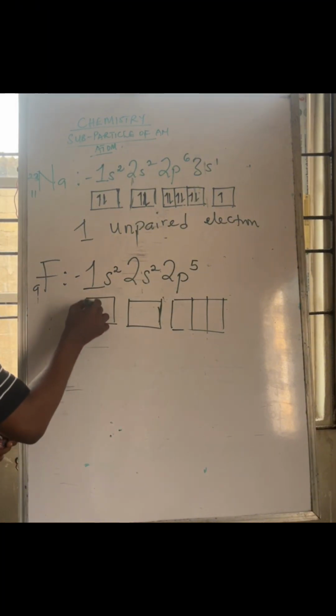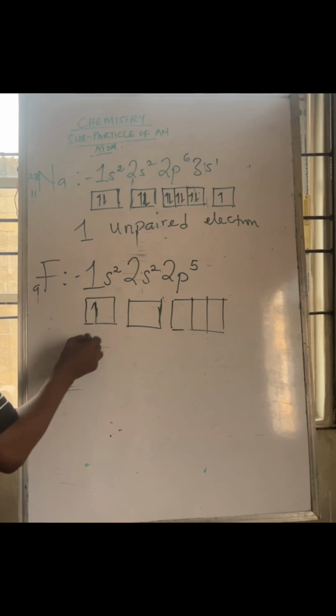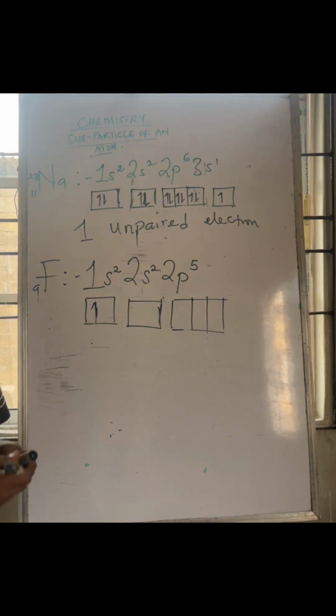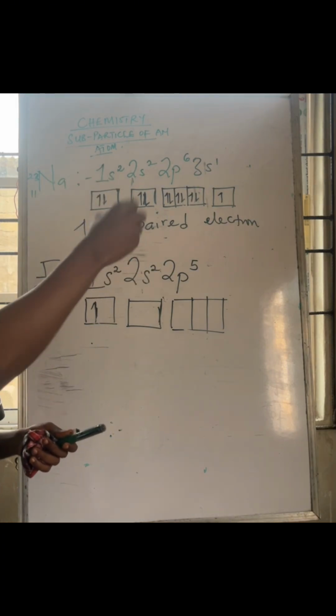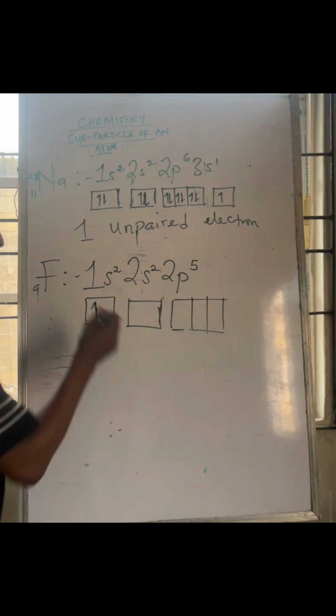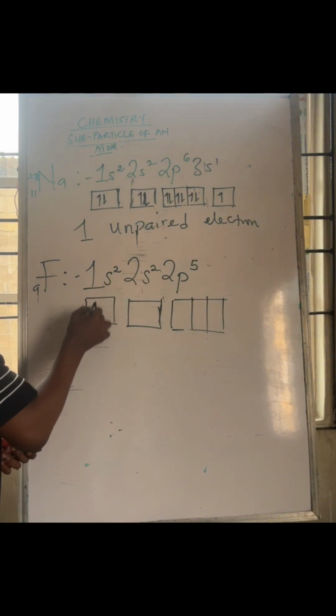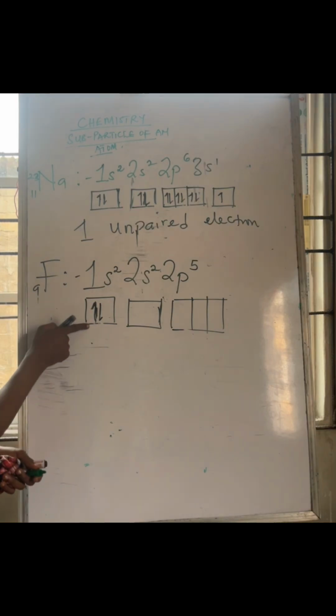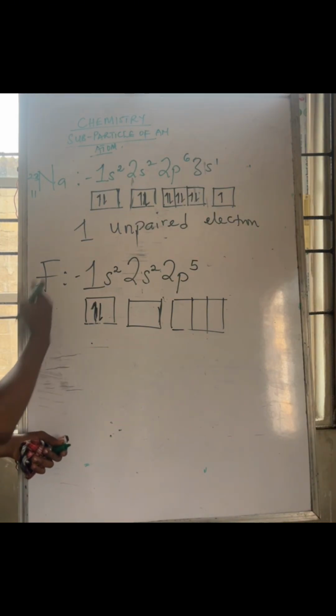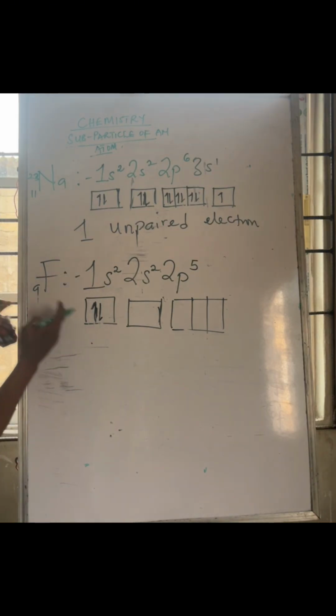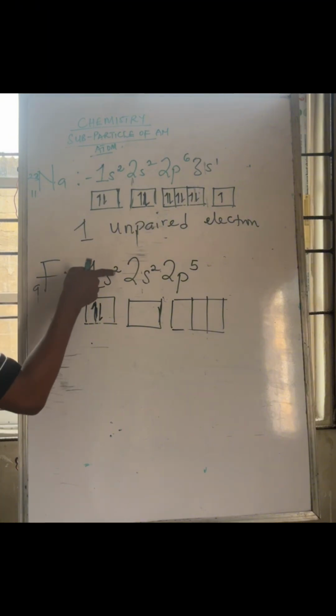Now for degenerate orbitals, you're familiar with the rules now. For degenerate orbitals, electrons occupy each orbital singly before they start to pair. So for this one, this is going to be a full pair, a complete spin, a positive and a negative, because of this 2.